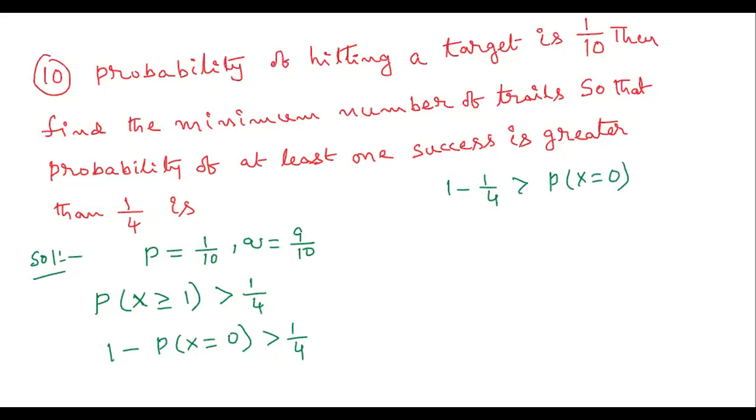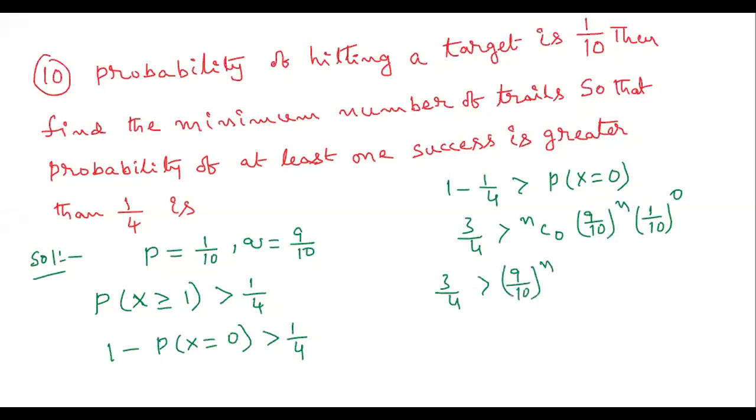The n value they didn't mention, so we need to find. Now this is 3 by 4 is greater than nC0 Q, Q means 9 by 10 whole power n, 1 by 10 whole power 0. Now 3 by 4 is greater than 9 by 10 whole power n.